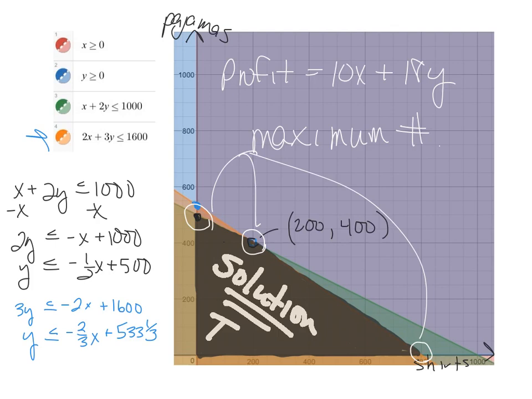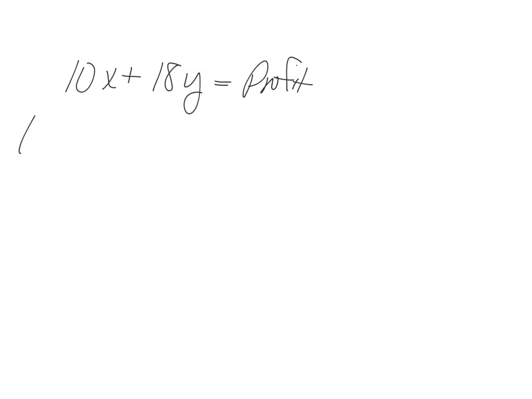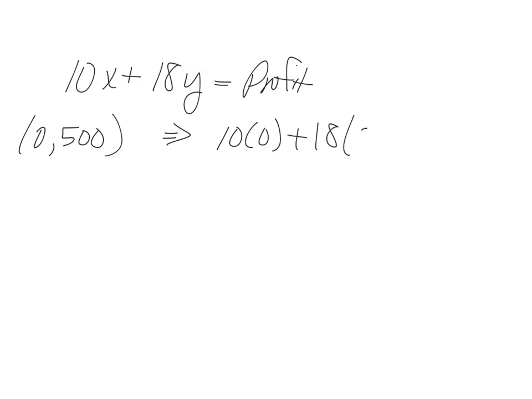Next slide. If we have $10 per shirt and $18 per pajamas is our profit. If we go to those endpoints, one of the endpoints was 0, 500, and that would give us no shirts plus 18 pajamas times 500 equals, do that math, I get $9,000 profit.